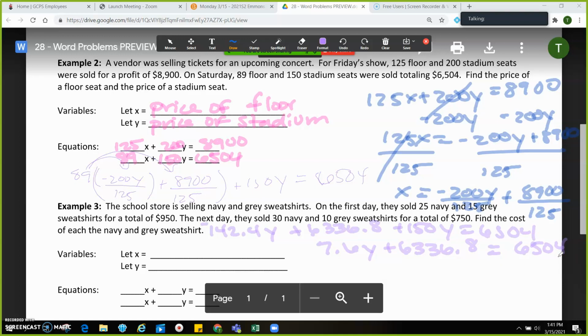Subtract the 6,336.8. And so that's going to give me 7.6y equals 167.2. Divide by 7.6. And so y is going to equal 22.